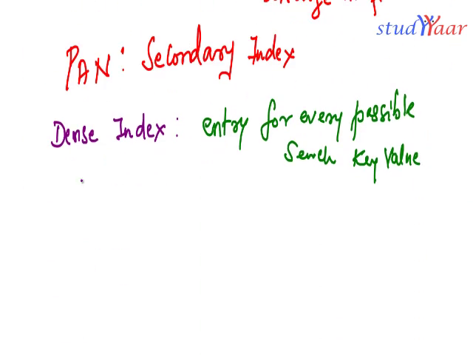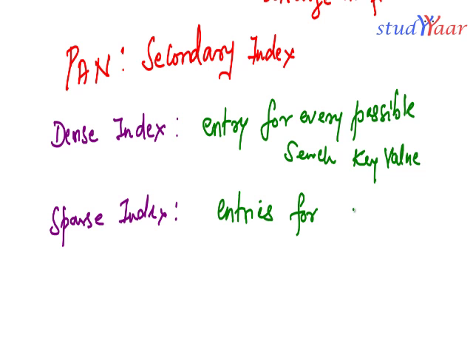A sparse index on the other hand has only entries for few of the values of the search key.